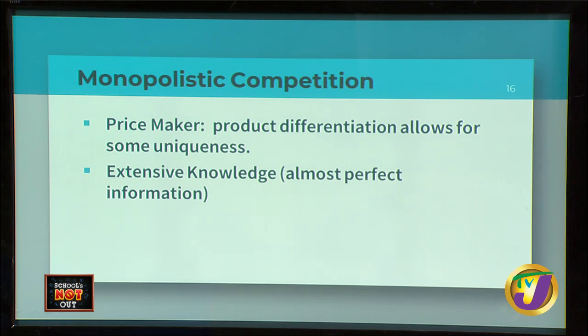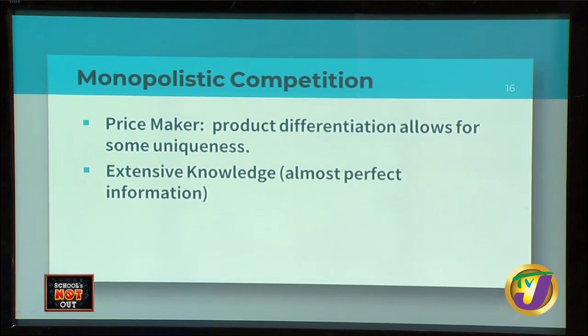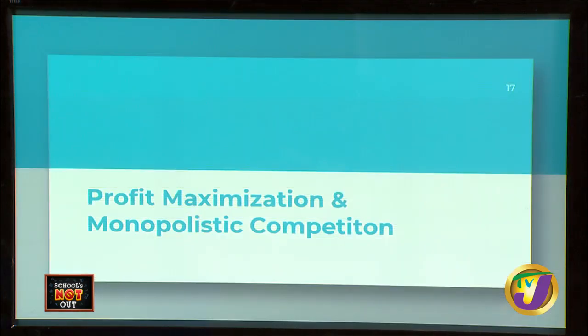So for example, I always use this example, toothpaste is toothpaste, but you have Colgate make a differentiation versus Lasco or Aquafresh or whatever it may be. There is extensive knowledge, almost perfect information, in that persons are aware of the prices of the goods and they know the substitutes for the goods in this market.